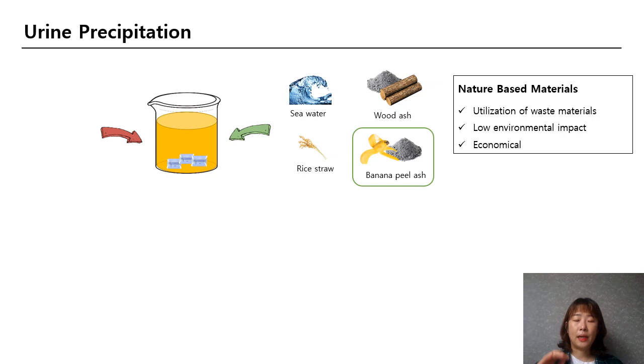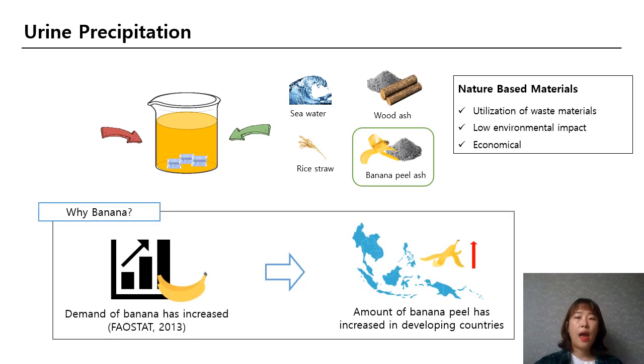I chose banana peel ash as the research material because bananas are commonly available and are disposed of in a significant amount as waste. Until now, research on utilization of banana peel has been limited to its use in sewage treatment plants.